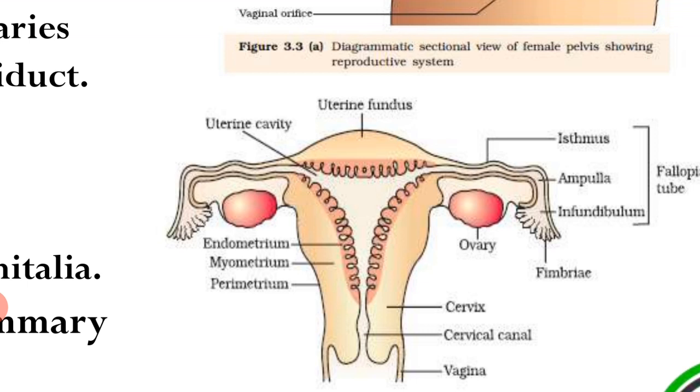Together, the infundibulum, ampulla and isthmus are the different parts of the fallopian tube or oviduct. So this is all regarding the oviduct or the fallopian tube.